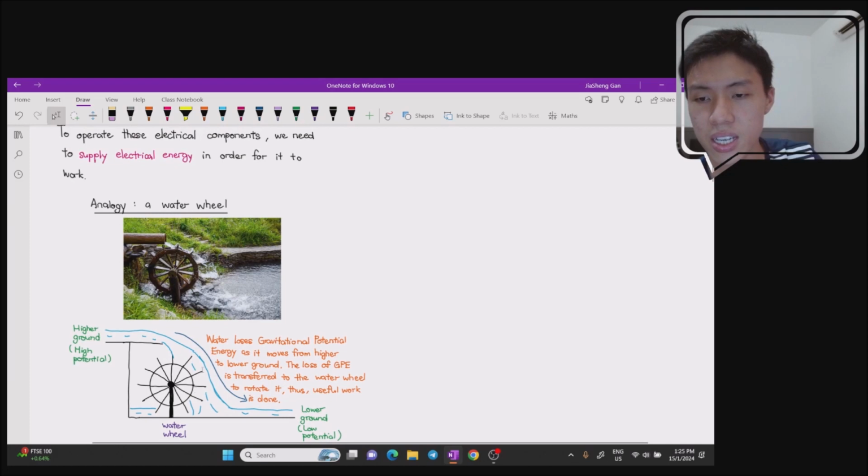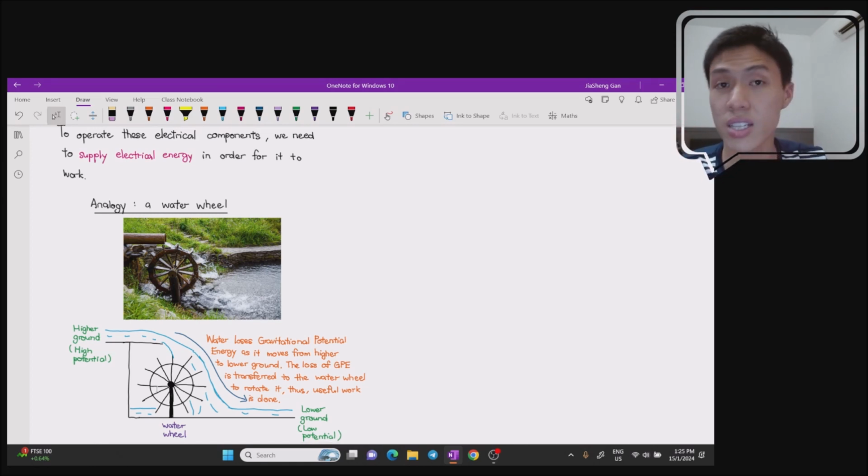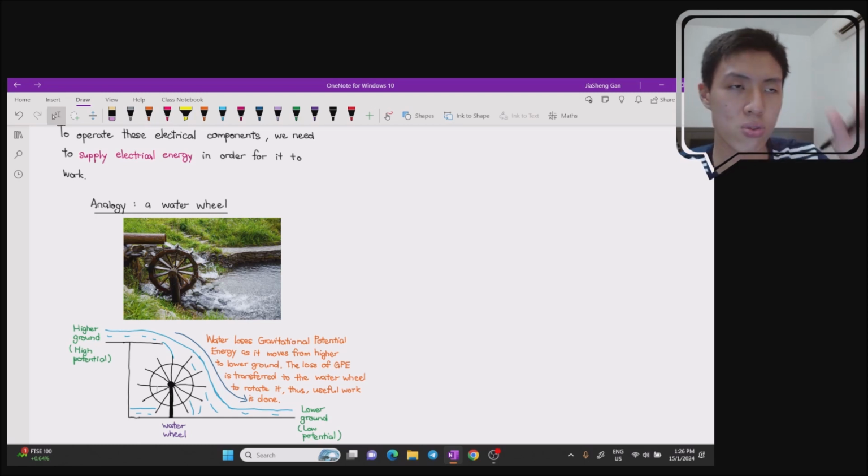You can see that this is a water wheel. It needs to be spun so that the rotation can be converted using a dynamo. Maybe the kinetic energy here can be converted into electrical energy that can be used, or it can be used to rotate a turbine, transforming gravitational potential energy to kinetic energy.